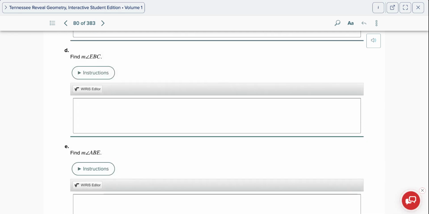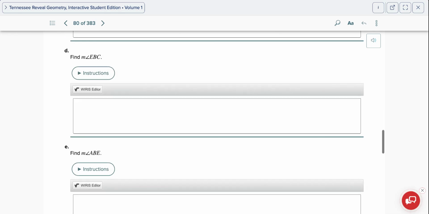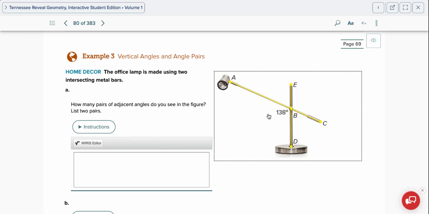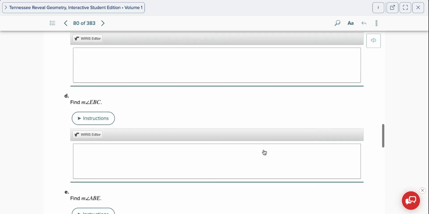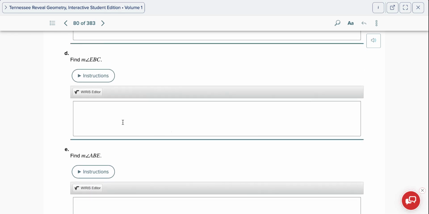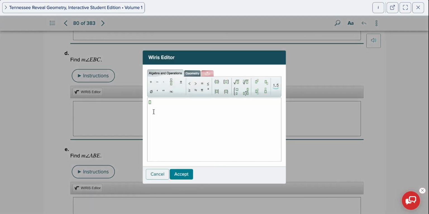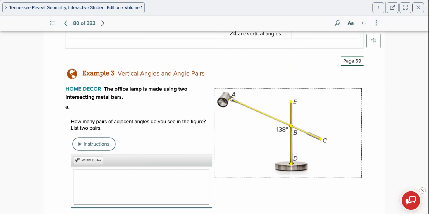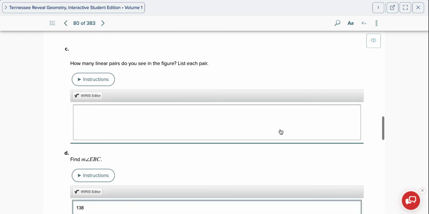Oh, I can't move on yet. Find EBC. Well, I've already said it. If your left angle is 138, your right angle is 138. So EBC is 138. All right, so let's find ABE. ABE is this angle. 180 minus 138.